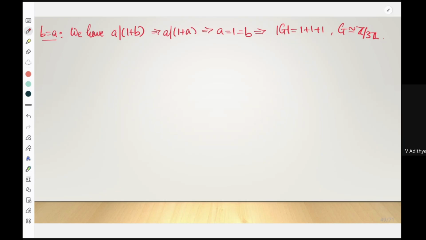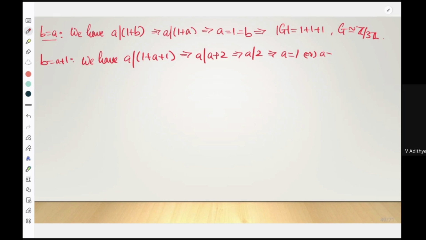Right. So now B equals A plus 1. We have A divides 1 plus A plus 1. This implies A divides A plus 2. This implies A divides 2. This implies A is 1 or A is 2.